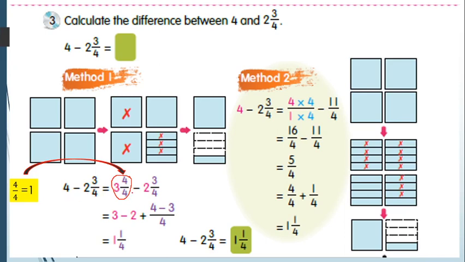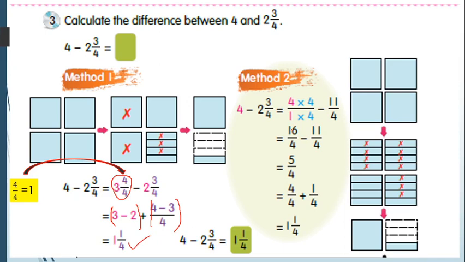That's why it's 3, 4 over 4. Right. So here we can see the denominator is already the same. So we subtract the whole number, 3 minus 2, and then subtract the fraction. So we'll have 1 over 4.